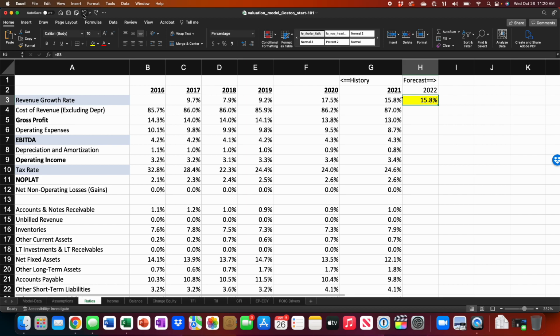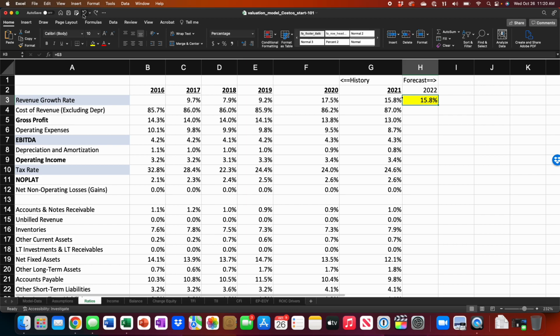I'm going to take a shortcut. Again, I don't like to take too many shortcuts, but here's another one that I'm going to take. Instead of forecasting cost of revenue and operating expenses, we are going to forecast EBITDA directly. All right? Because that's the important number, and the model doesn't really care about the 2 above. The 2 above lead to that number. Right?